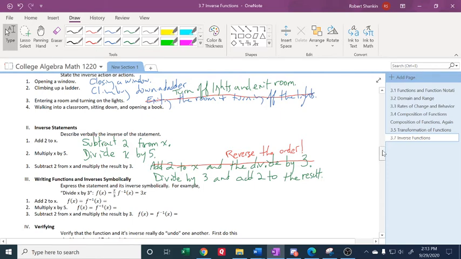Alright, so let me just highlight real quickly. You've got a quiz that's in the modules that's due tonight.